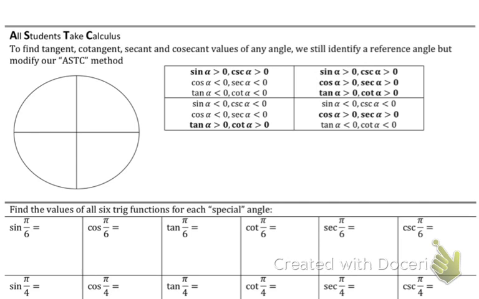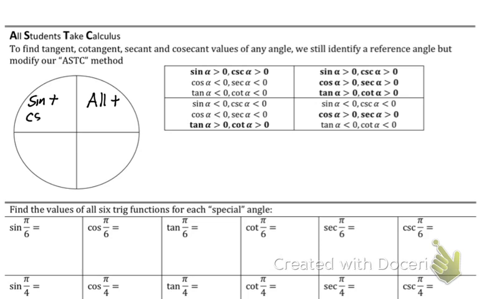All right, all students take calculus. First quadrant is all. That means all are going to be positive. Quadrant 2 is students. We said that's where sine is positive. But if sine is positive there, so is cosecant, because they're just reciprocals of each other.